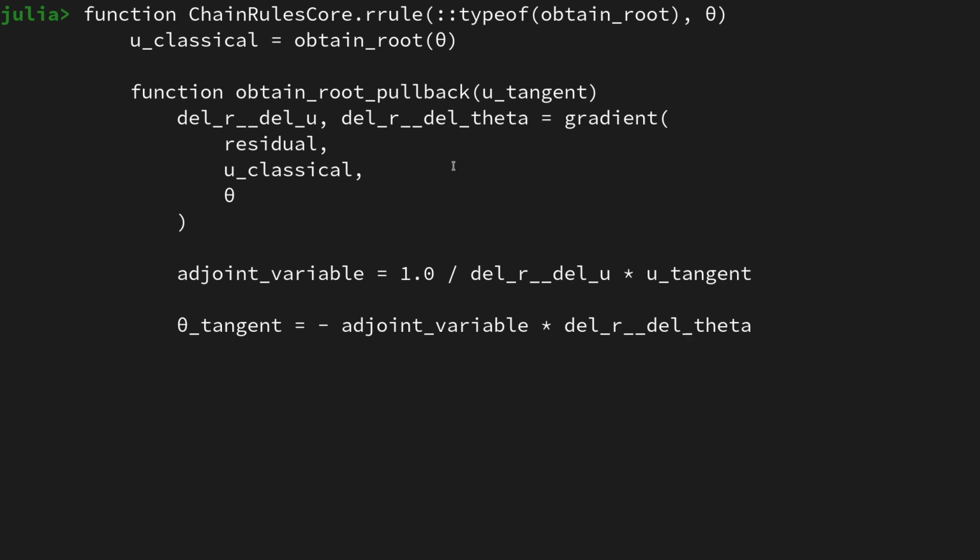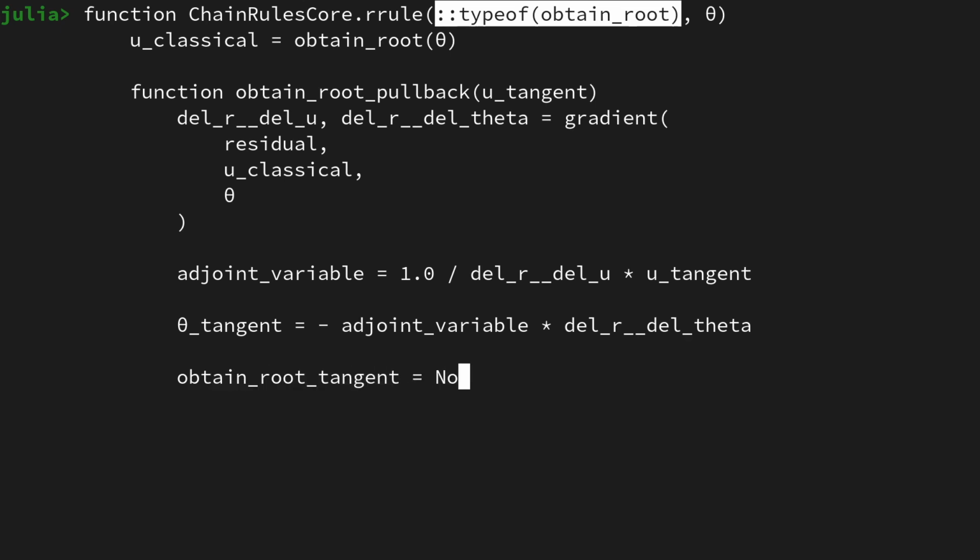However, in order to have the correct pullback, we also need to provide a tangent information to the function, which is a bit abstract, but luckily for us, this is just a no tangent, and there is an object implemented in the ChainRulesCore in order to translate that. So let's call that the obtain root tangent, and this is just a NoTangent, opening closing brackets.